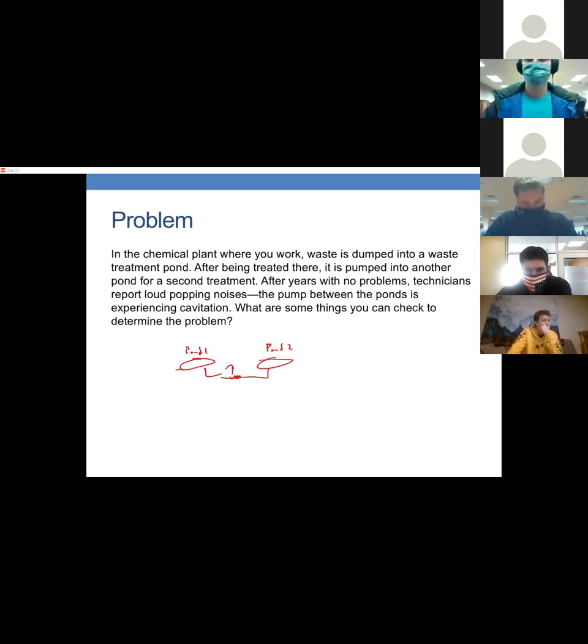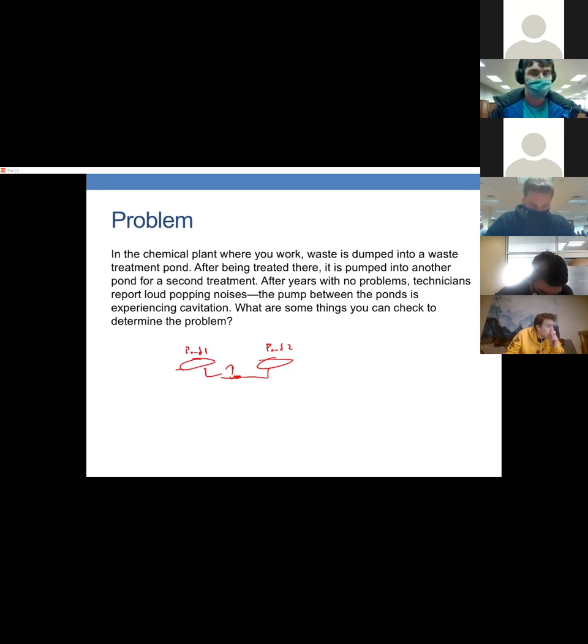The equation we found, was that for NPSH available or NPSH required? Available. Because we found that equation from looking at the mechanical energy balance from whatever our point 1 was to right before the pump.